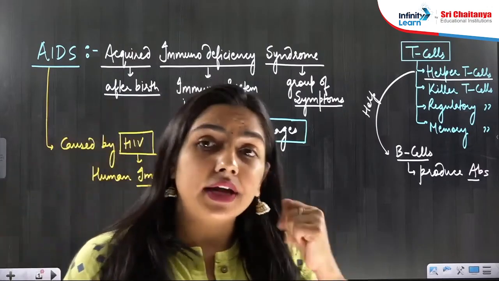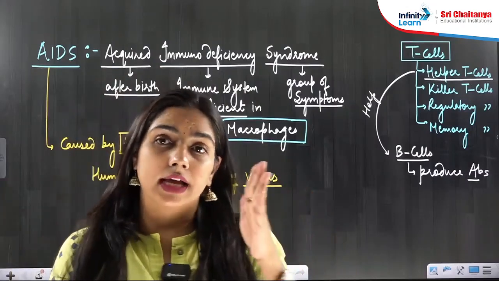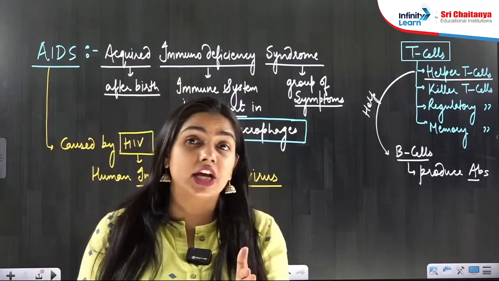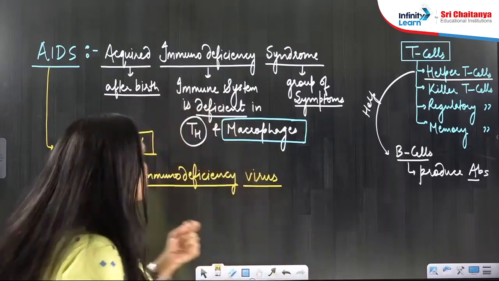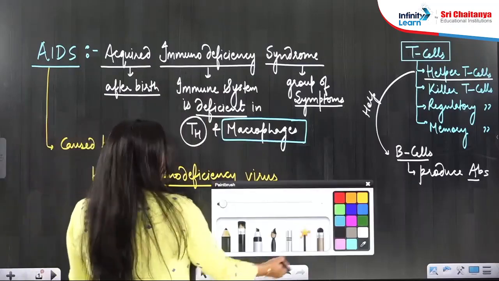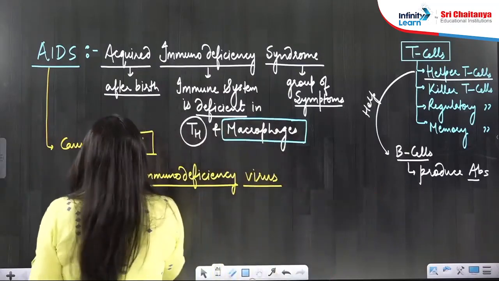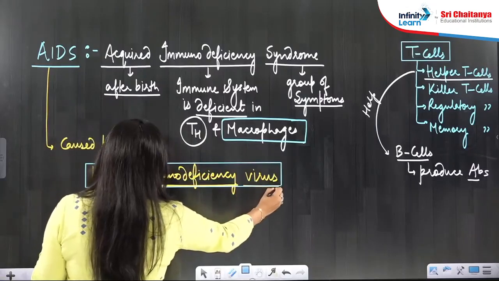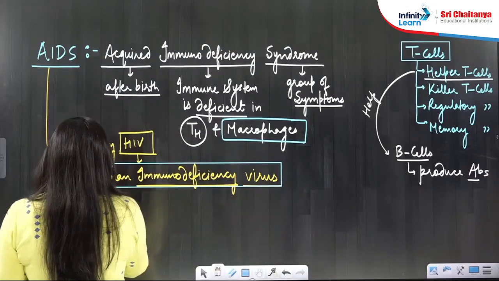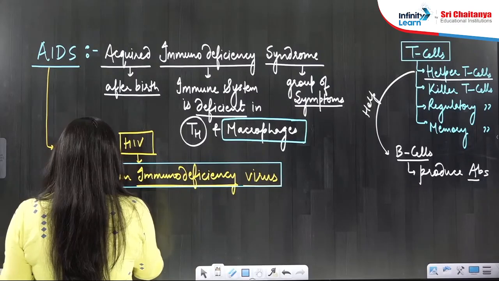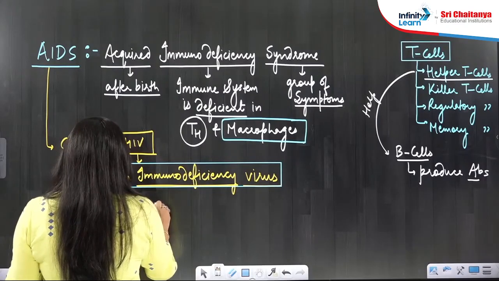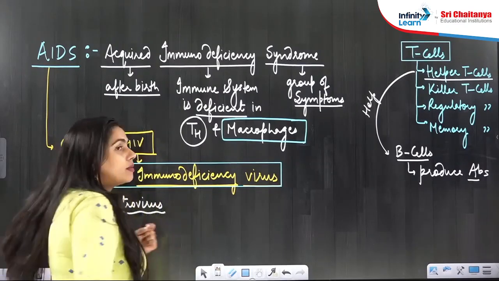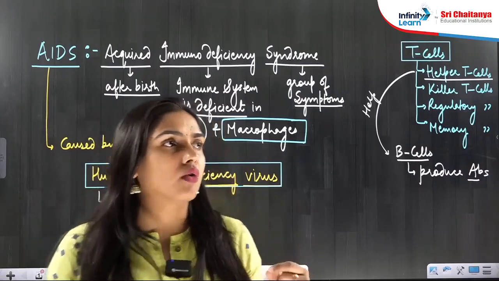Now I will tell you very interesting things about the HIV. Beta, HIV is a retrovirus. You should remember HIV is a retrovirus. What is the meaning of retrovirus? Can anybody tell me what is the meaning of retrovirus?